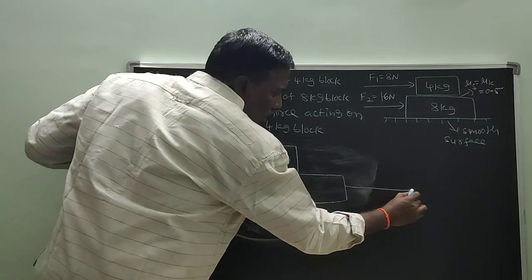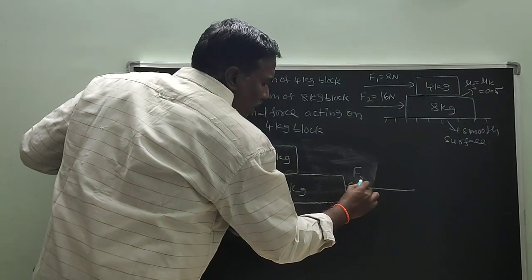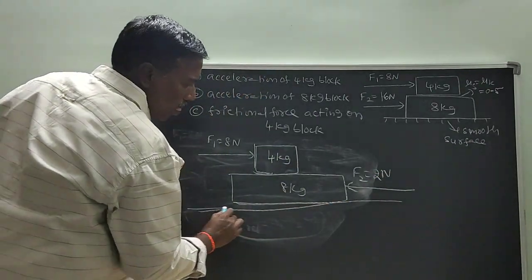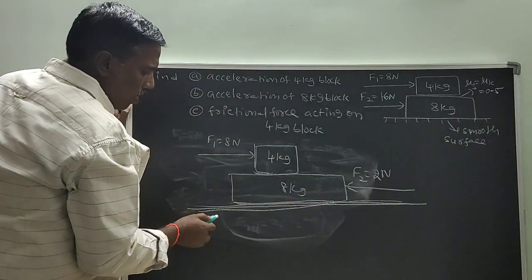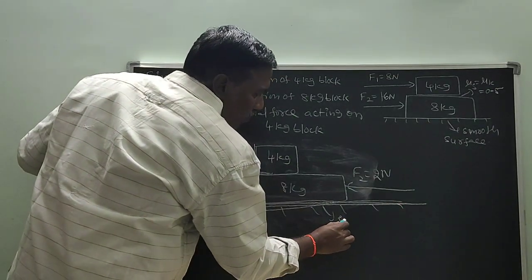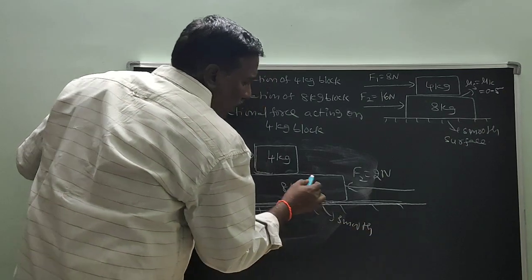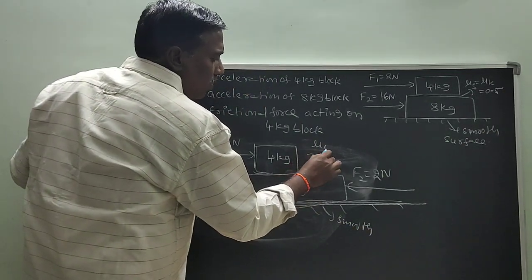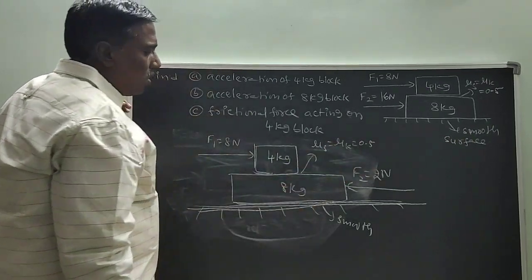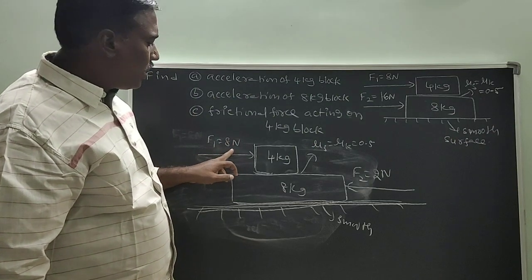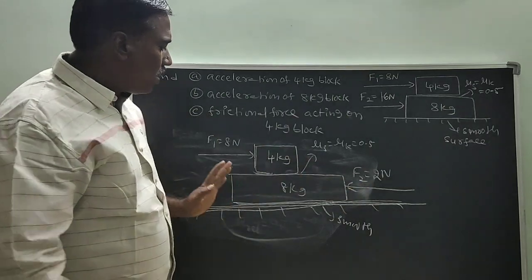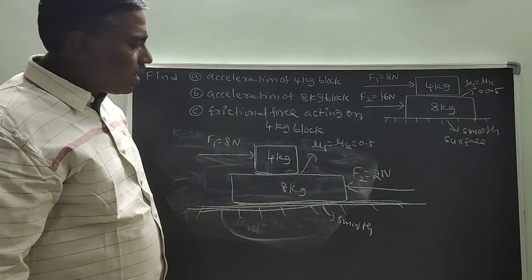The force applied on it is in this direction, F2 equal to 2 Newton. This surface is smooth. Here mu s is equal to mu k is equal to 0.5. But only the force applied is different: on the 4 kg block it is the same 8 Newton, on the 8 kg block it is 2 Newton. But these forces are in opposite directions.